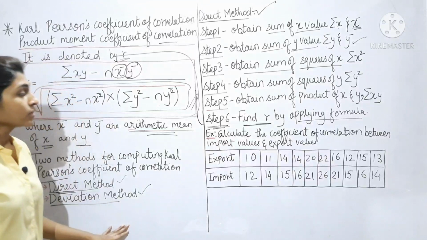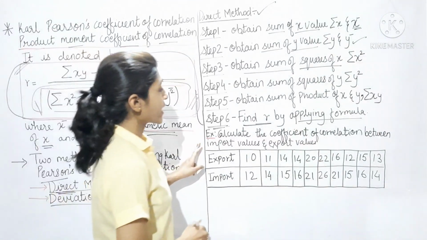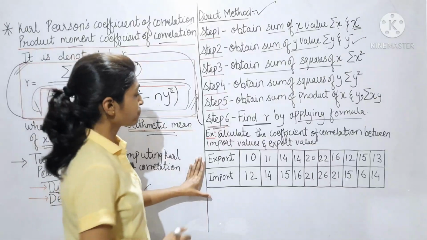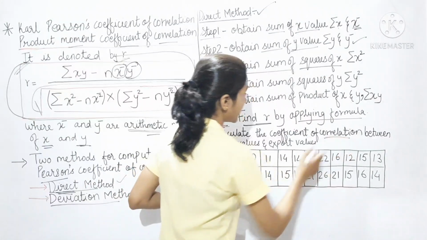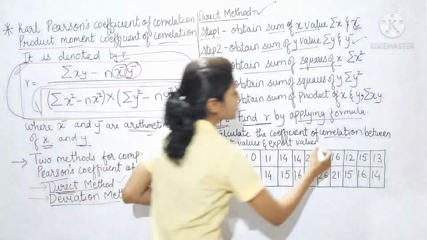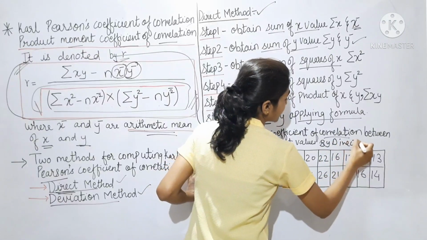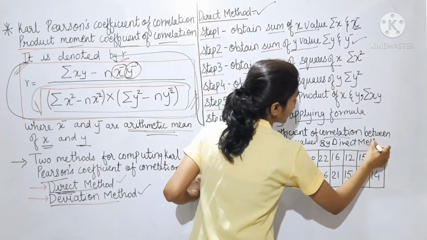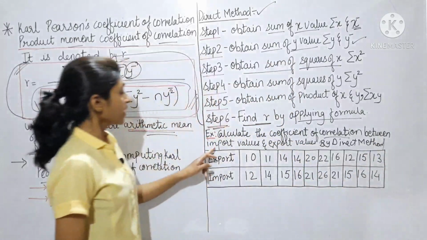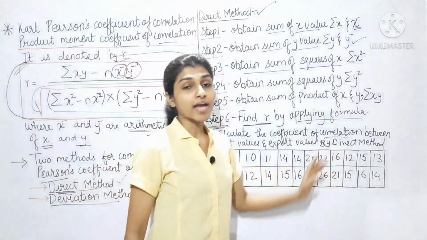So copy down. This is an example of the coefficient of correlation by the direct method. We are finding the correlation between import and export by the direct method.